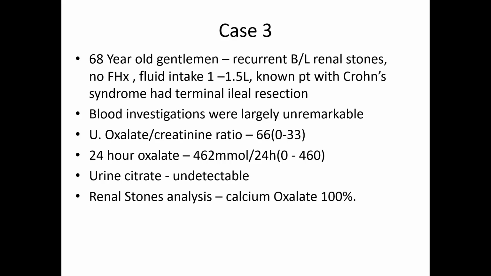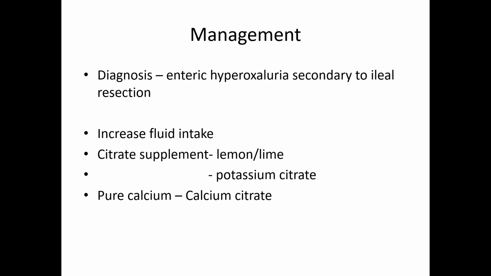His urine oxalate creatinine ratio was continuously high at 66, and we have done repeated tests, and they were all high. The 24-hour oxalate was high normal at 462 millimoles per liter per 24 hours, and urine citrate was undetectable, and renal stone analysis was 100% calcium oxalate. A diagnosis of enteric hyperoxaluria secondary to ileal resection was made.